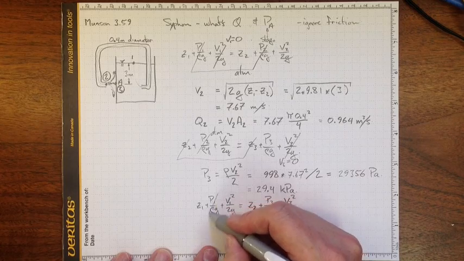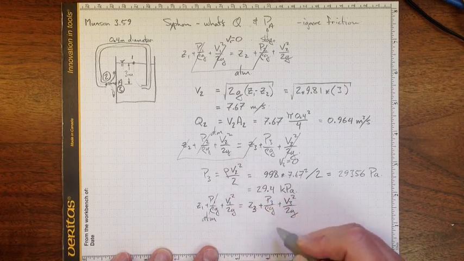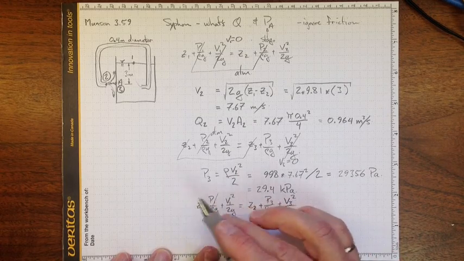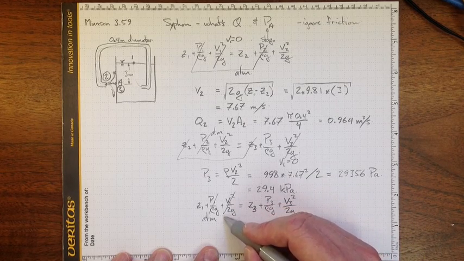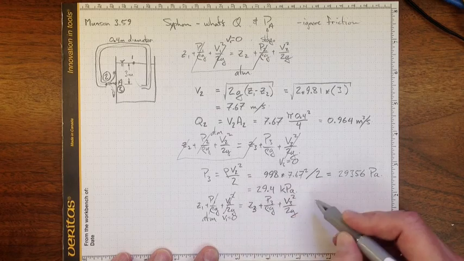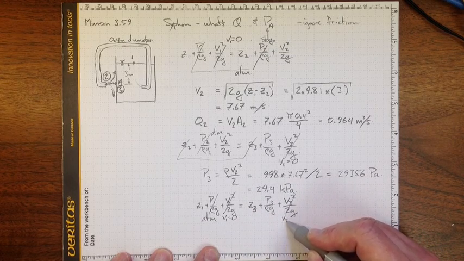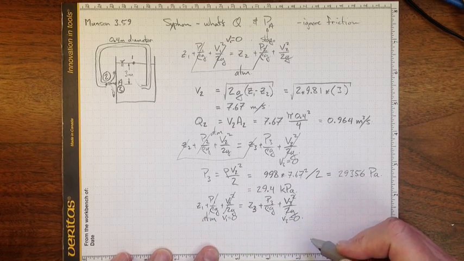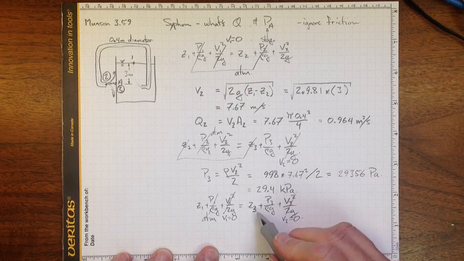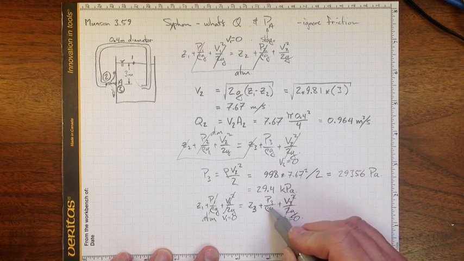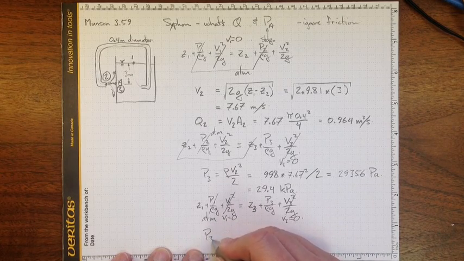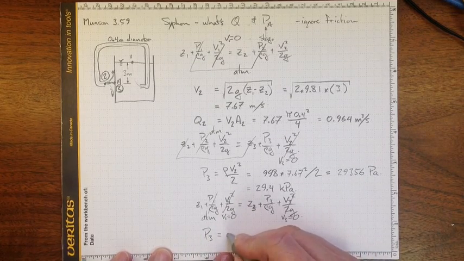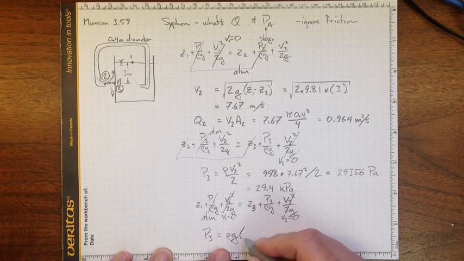Now P1 is atmospheric, P3 is higher than atmospheric, it's that stagnation pressure. V1 is equal to 0, V3 is equal to 0, and we should wind up with the stagnation pressure, P3, being rho g times the height difference. P3 equal to rho times g times (Z1 minus Z3).